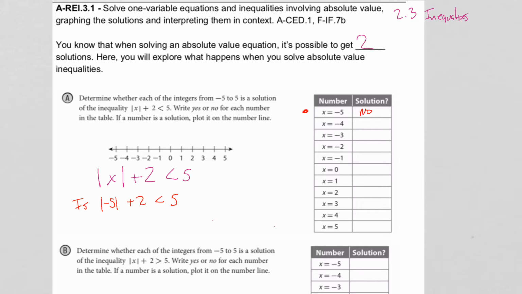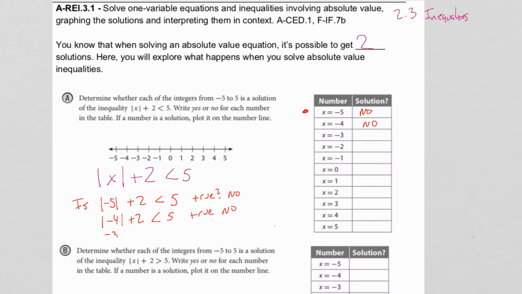So what about the absolute value of -4 plus 2? Is that less than 5? Basically, are these true? We already found out that this was a no. So this becomes 4 plus 2, and that would make 6. Is 6 less than 5? No.